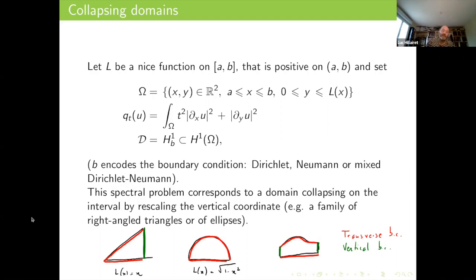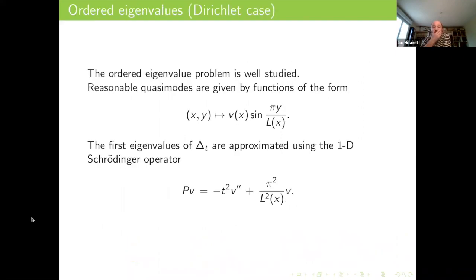There are the boundary conditions on the red side, which I will call the transverse boundary condition. And if there are vertical sides, then there are these green boundary conditions. And so you can choose any Dirichlet or Neumann on these sides. And so the other eigenvalue problem is actually well studied.